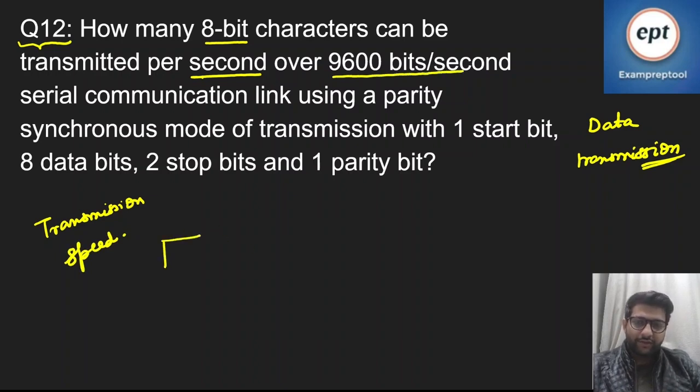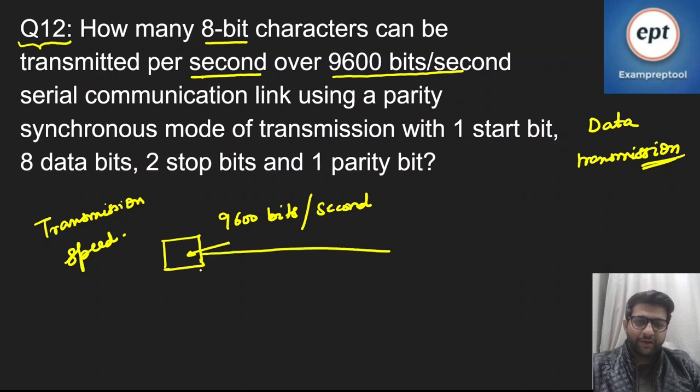So let's say this is our interface. This interface has a speed of 9600 bits per second. That means this particular interface can transmit bits on the bus or the line at a speed of 9600 bits per second.